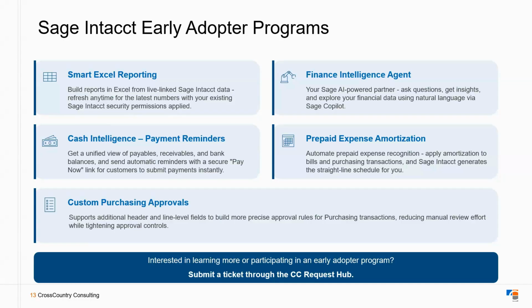So we won't go into these in too much detail, but if you see anything flashing up on the screen here that sounds interesting to you, please don't hesitate to submit a ticket through the CrossCountry request hub, and someone from our PPS team will be more than happy to help you get set up with one of these early adopter programs. Now, let's move into our next poll.